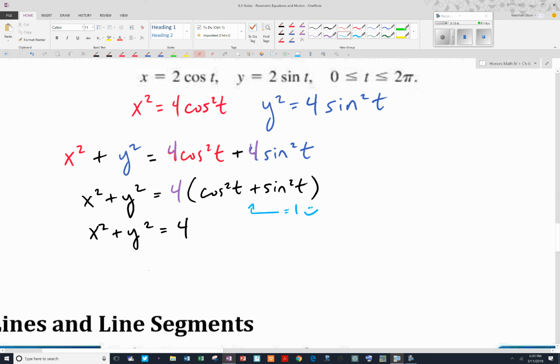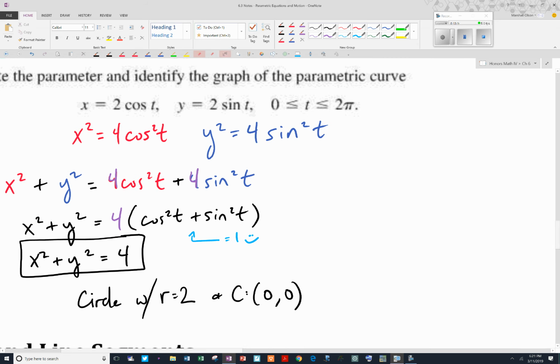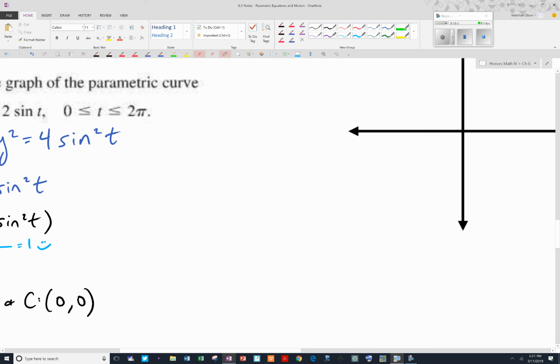That is the equation of a circle. This is a circle with a radius of 2, because that's the radius squared, and the center at 0, 0, because there's no h and k value. So we just found the relation that this set of parametric equations equals. It's a circle with a radius of 2.